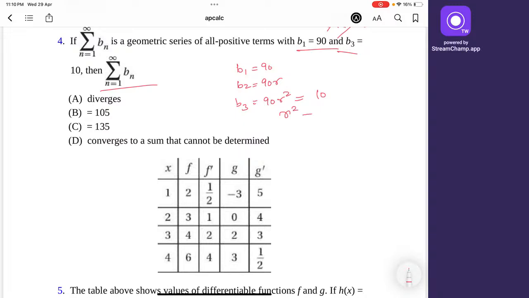So r square is 1 by 9, r is equal to 1 by 3. The sum is equal to a divided by 1 minus r, where a is the first term, which is 90, and r is 1 by 3. So that is equal to 90 by 2 by 3, which is 135. So the right answer is option C.